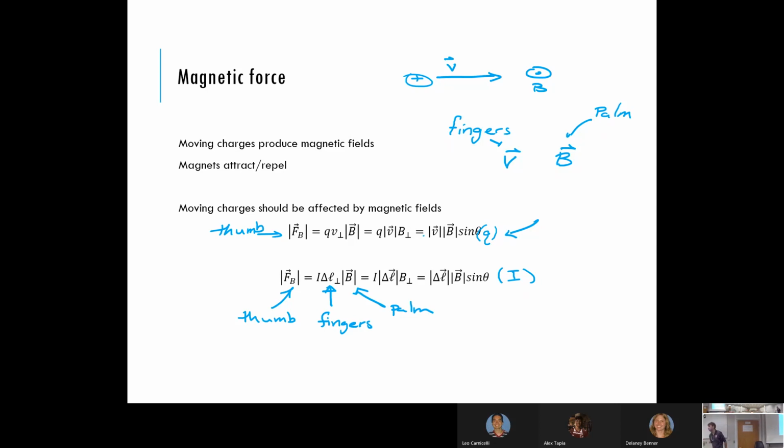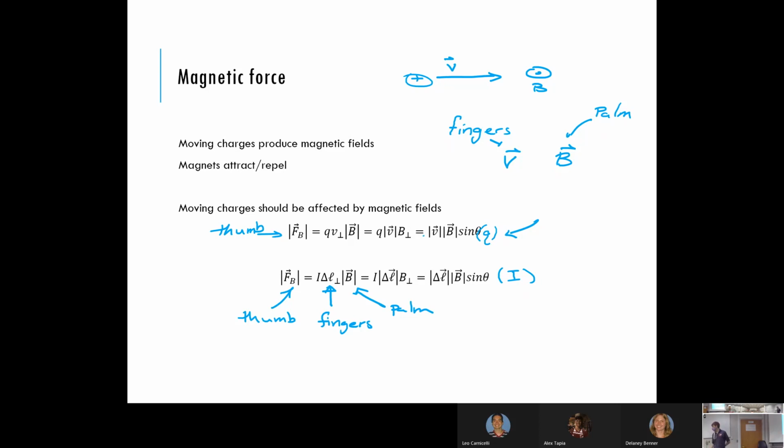What is delta? The length of the wire. And if you notice, if I take a current and multiply by a length, I end up with the same units as if I took a charge multiplied by a speed.